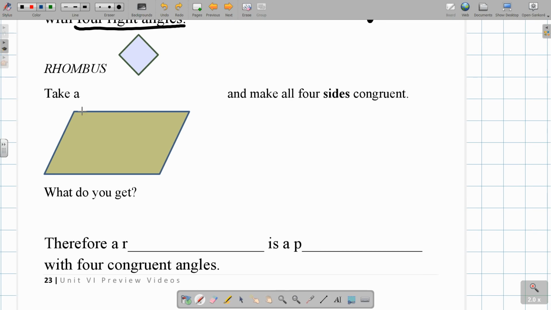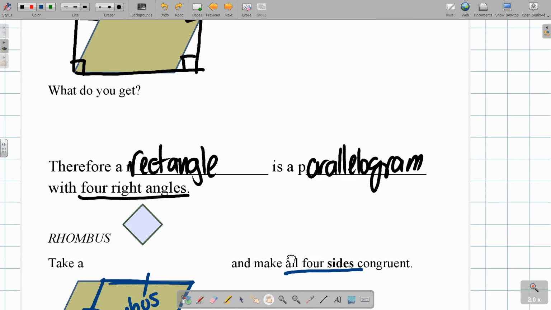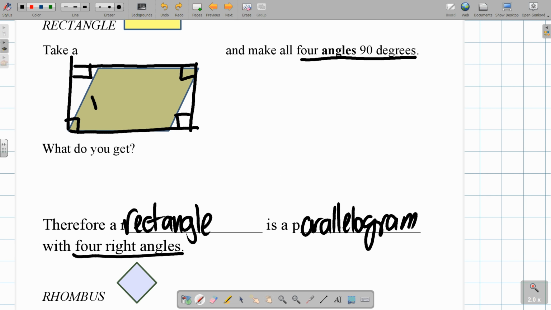Now, if you take a parallelogram and you simply make all four sides equal, then you get a rhombus. So if you make four right angles, you get a rectangle.